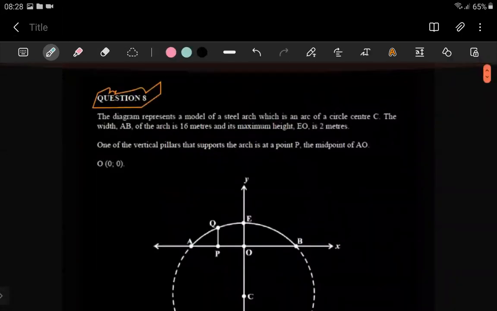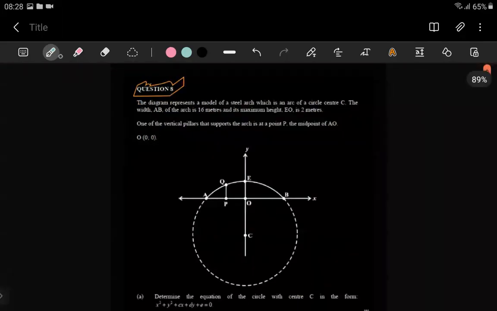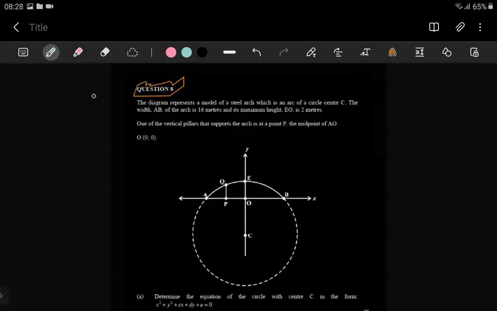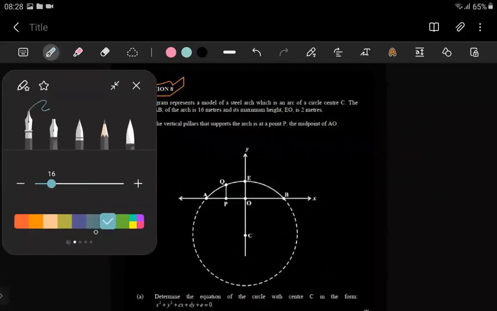Let me see here. It says the diagram represents a model of a still arc. If you want to go through this on the course platform later on, you can always do that.